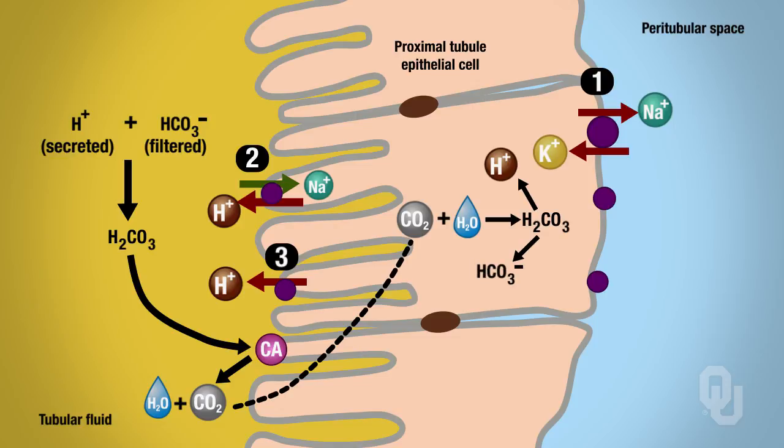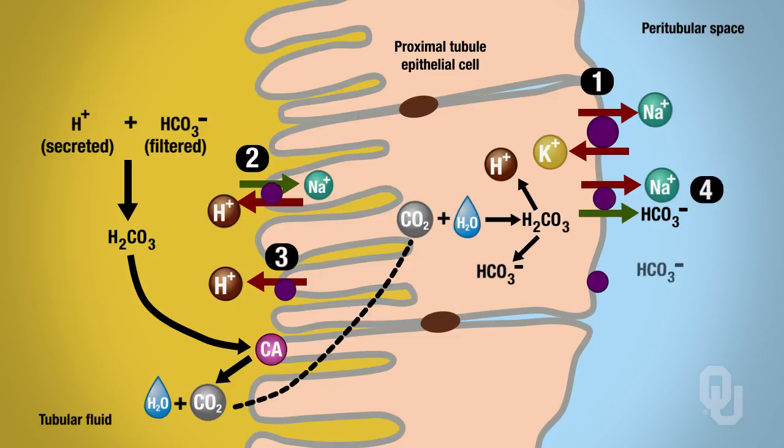So we've already talked about what happens to these hydrogen ions. Now let's focus on these bicarbonate ions. So we know that bicarbonate then is moving from a high concentration toward a low concentration. And we've already said that sodium is low inside the cell, and it's moving from low to high. So this type of transport here, that we'll label number 4 across the basolateral membrane, is sodium-bicarbonate cotransport.